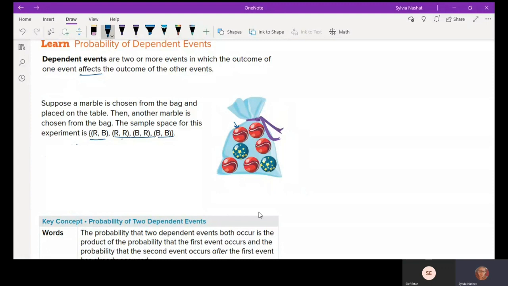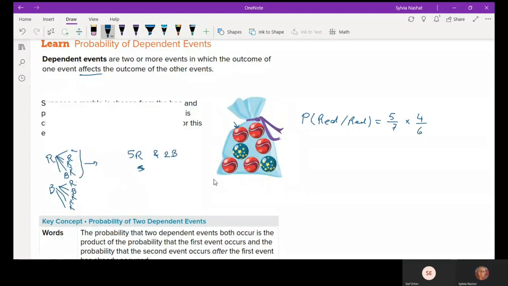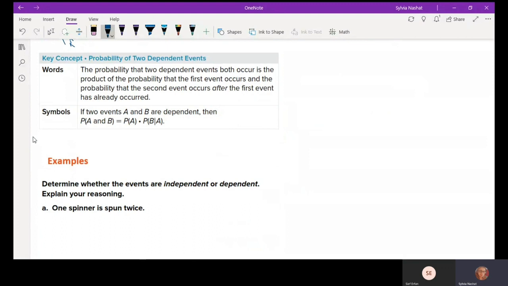So let's write it here. The probability of choosing a red one the first time, and then another red one the second time, will give us 5 over 7 multiplied by 4 over 6. So if two events A and B are dependent, one of them affects the other.